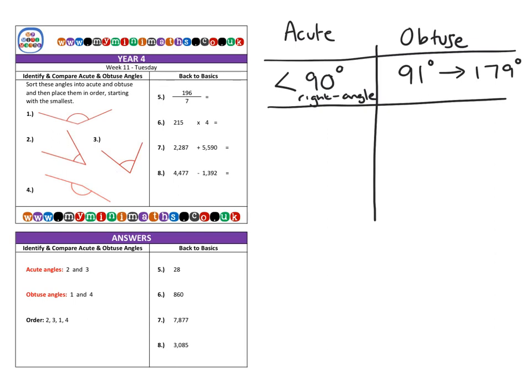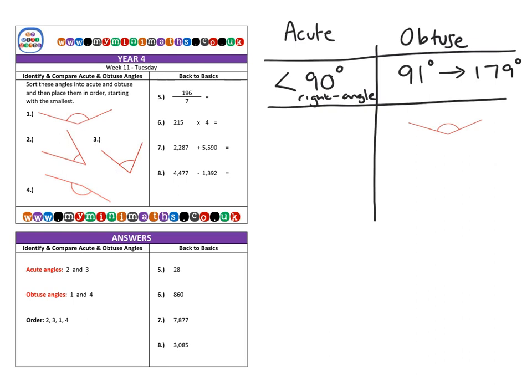Even the corner of a book is a right angle, so you can look and decide, is angle 1 bigger or smaller than the corner of my maths book? And you can clearly see that it's bigger, so it's an obtuse angle. So I take the angle and place it into the obtuse column over here.